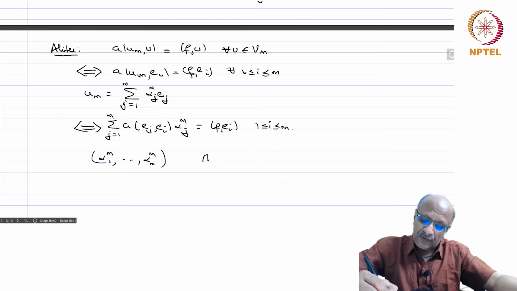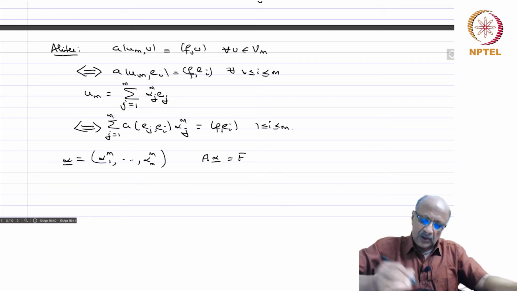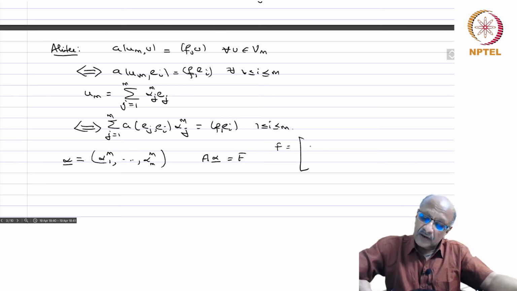So, you have a linear equation of the form A alpha equal to f, where alpha is this vector, and f is the column vector F(e_1) to F(e_m). That is known to you.